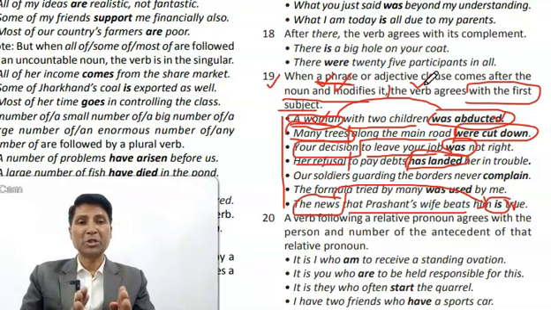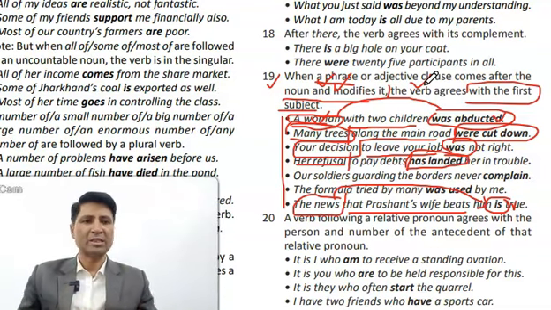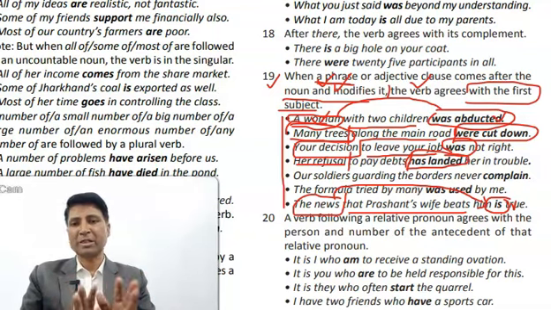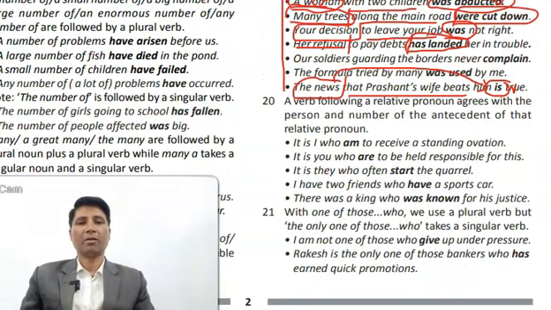Likewise, an adjective clause has a subject and a verb and does the same work like a simple adjective. So you can understand that an adjective cannot disturb the relation between the subject and the verb. Moving on to rule number 20.